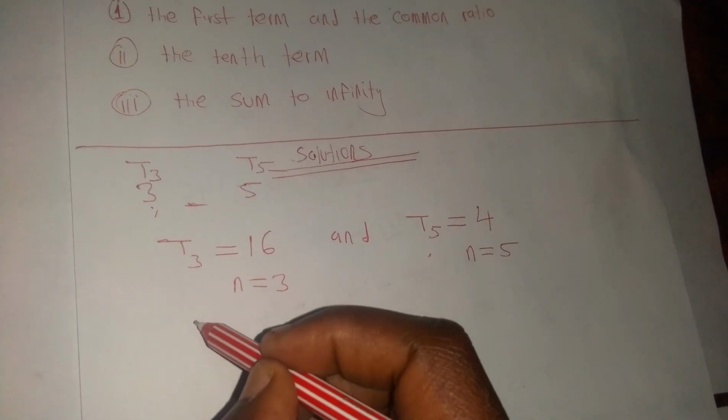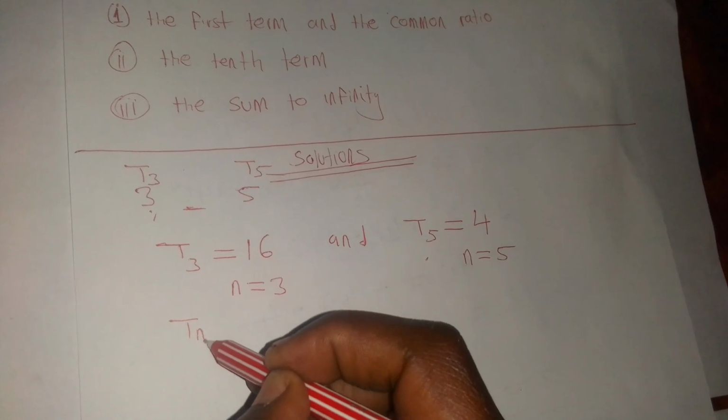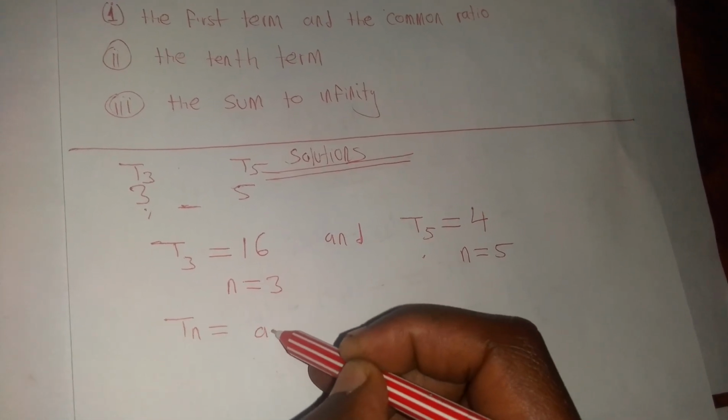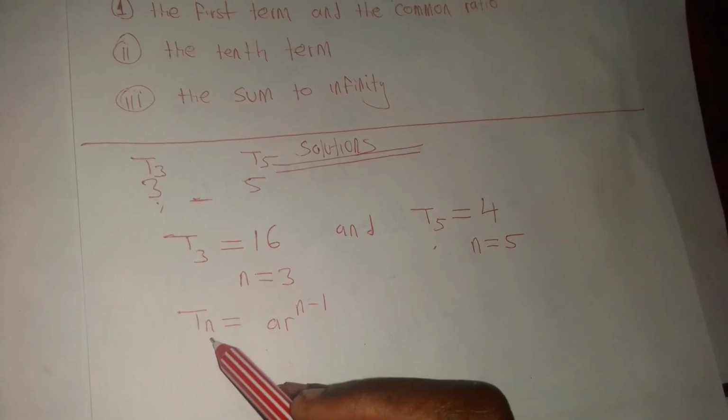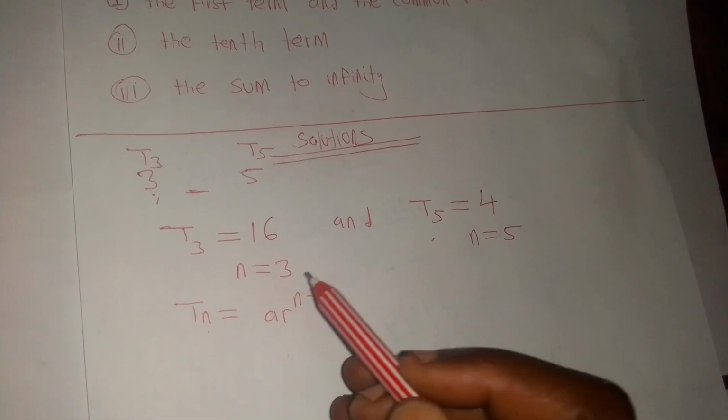Now let's use this formula. We know that Tn equals A r to the power n minus 1. Where there is n, we put 3.